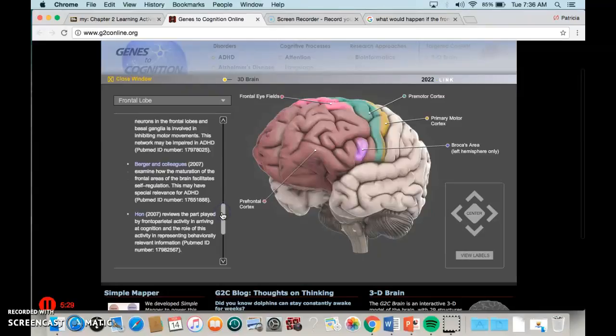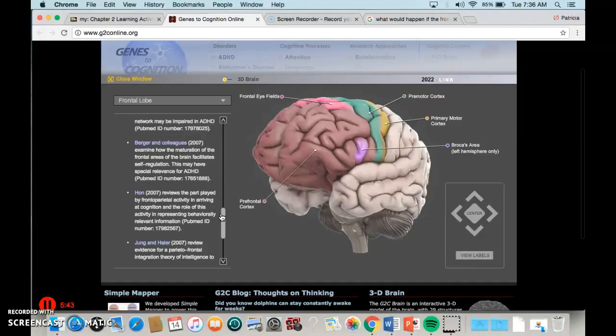Berg and colleagues examine how the maturation of the frontal areas of the brain facilitates self-regulation. This may have special relevance for ADHD. Hahn reviews the part played by frontoparietal activities in cognition and the role of activity in representing behaviorally relevant information.